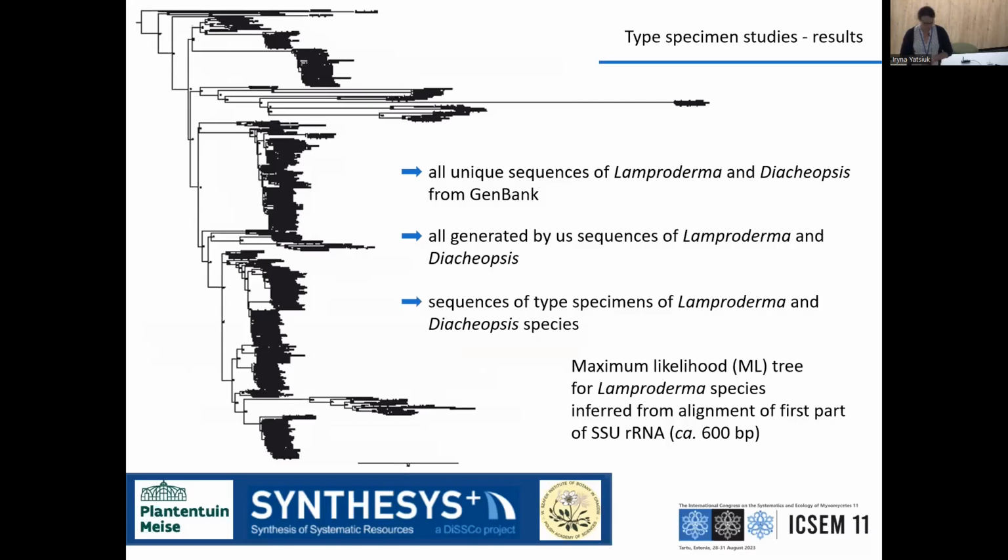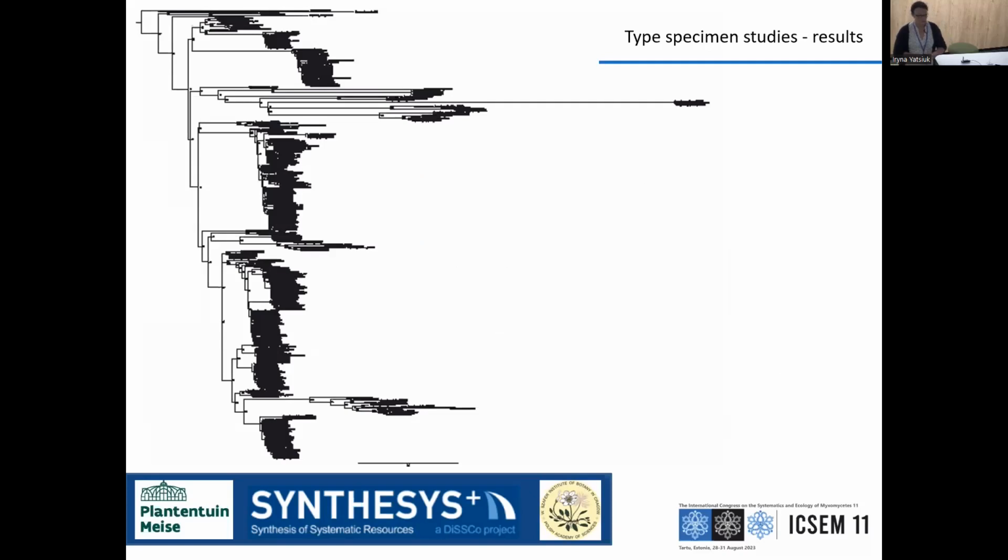And I will show you now some examples. The first is Diacheopsis, which was already shown by Martin and Angela, and it was also suggested by Anna Maria Fiore-Donno before that it belongs to Lamproderma. So we also wanted to verify this. And here is one place where Diacheopsis occurs. I will show you these places in the tree.